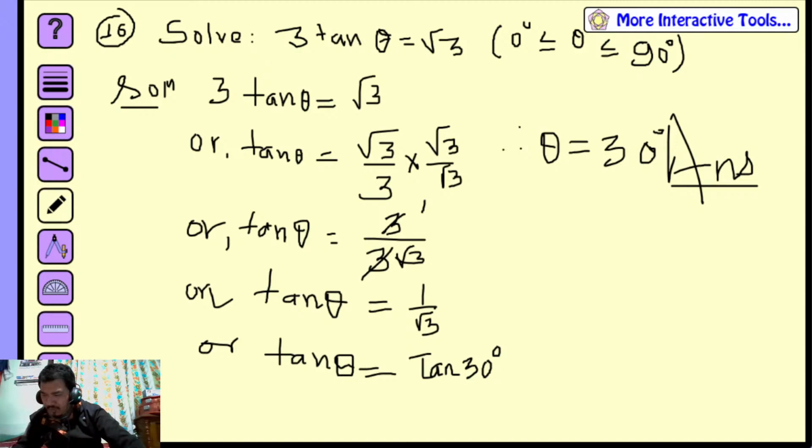Short questions will be from this equation only, and now I am going for the long question.